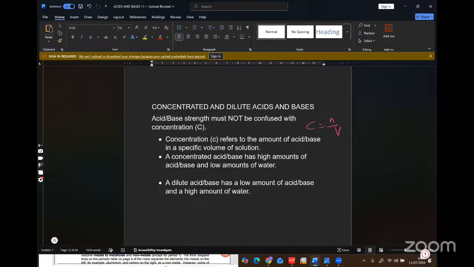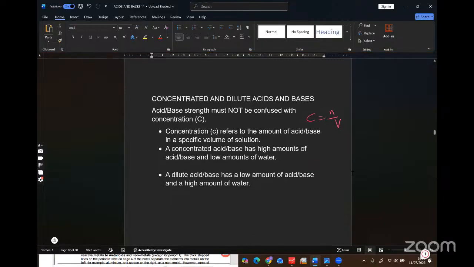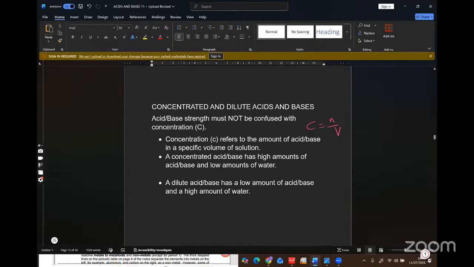But in practical terms, for those of you who like drinking juice, there is a popular one called Oros. Oros is concentrated. You cannot drink it like that. It's too sweet because it has a lot of whatever they put inside in a given volume. So you normally dilute it. It means you take a small amount of it, add water, and then it tastes better. If not, it contains too much sugar.